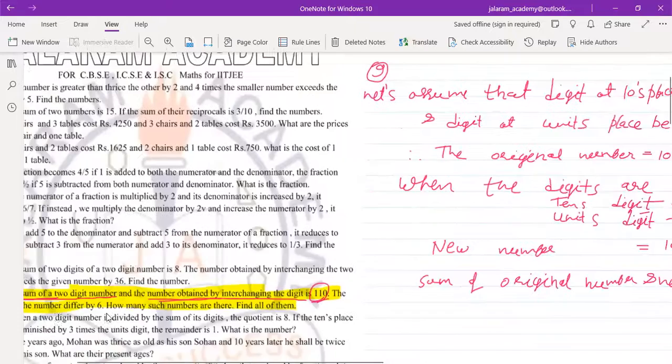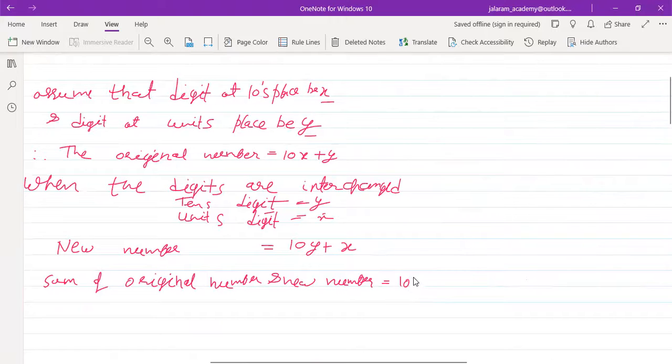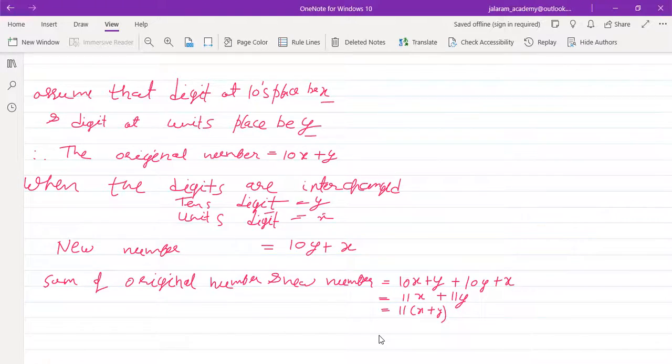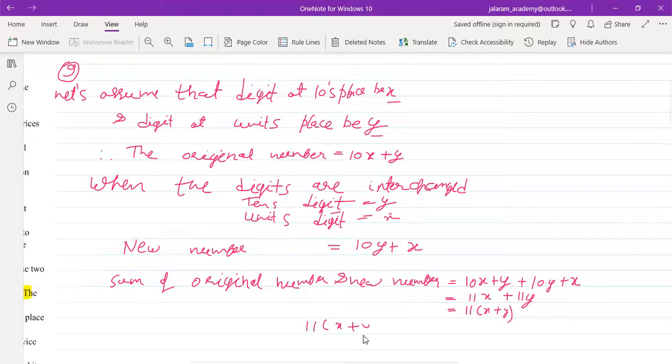Don't use 110 first. The original number is 10x plus y, the new number is 10y plus x, so the sum is 11x plus 11y. When we take 11 common, 11 into x plus y equals 110. Divide both sides by 11. So we get x plus y equals 10 as equation number 1.